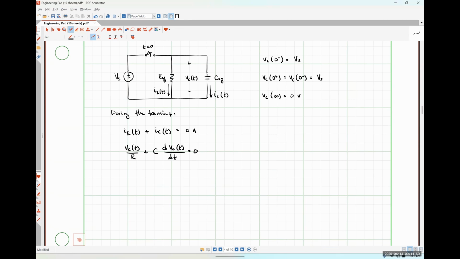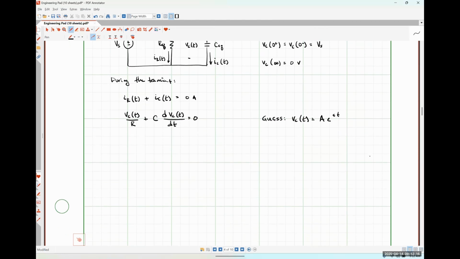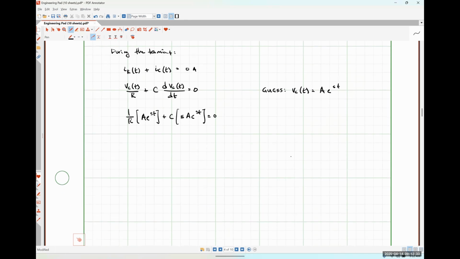And I have another first order differential equation. So I'm going to use the exact same guess value that worked for me last time. And if I substitute this in, I wind up getting 1 over R times A e to the st plus C times s A e to the st is equal to 0.